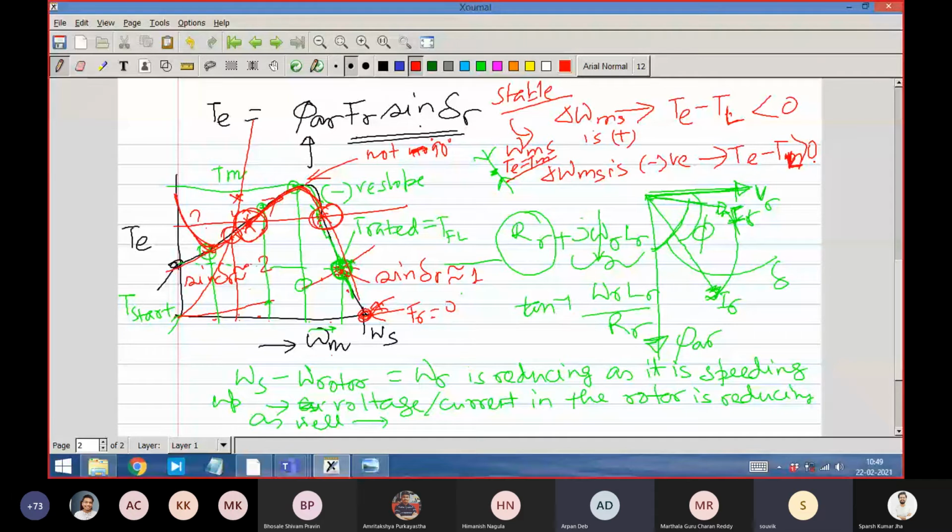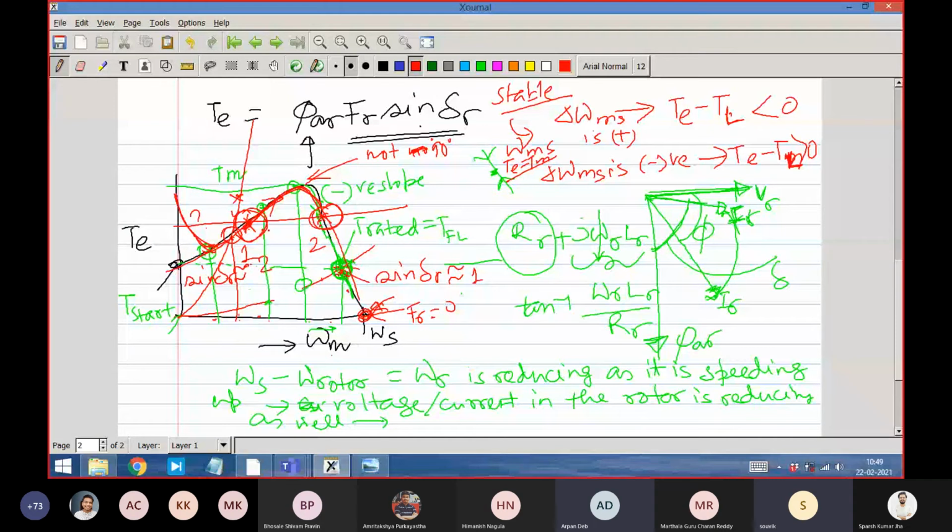Sir, in that horizontal load and load characteristics, in the second point, if we give plus delta, means if we increase the omega, then load torque will increase, right? Which is the second point? This is first point. This is second point. So this is not a stable point.